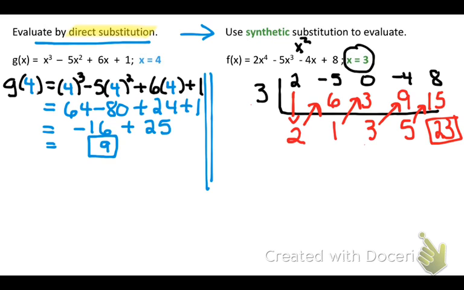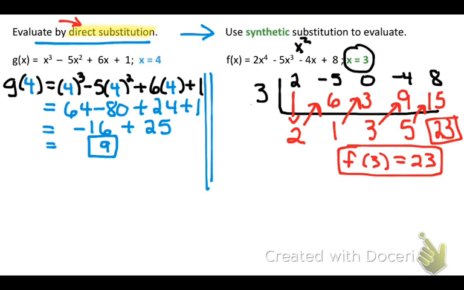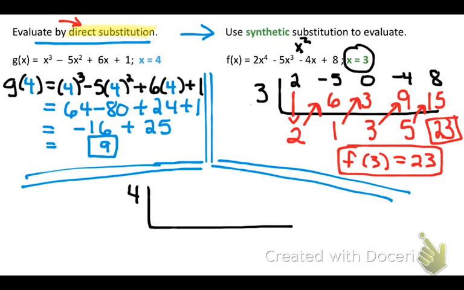If we had simply evaluated using direct substitution, you would also get f of 3 equals 23. And you're welcome to try that if you'd like. We're going to apply synthetic substitution to this first function that we did to prove, hopefully, that we still get the answer of 9.